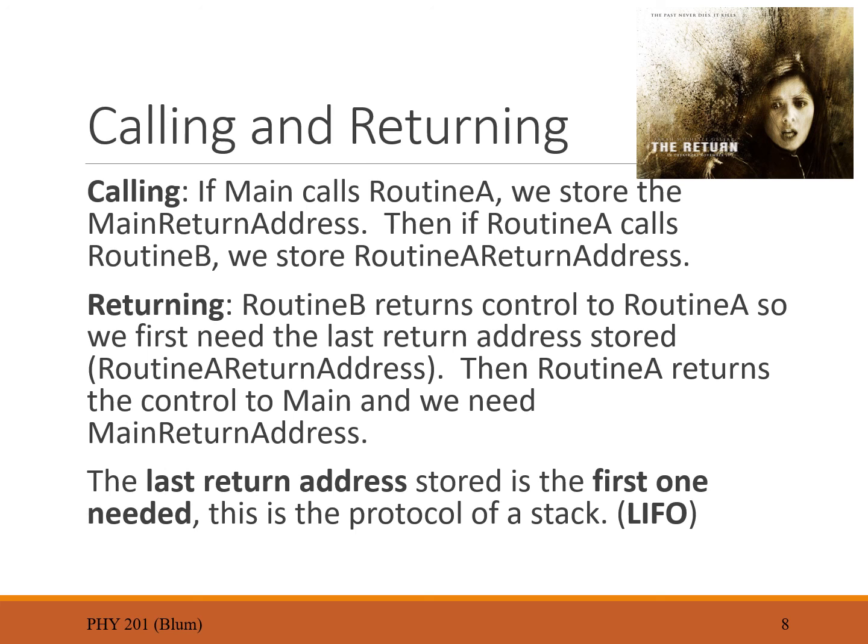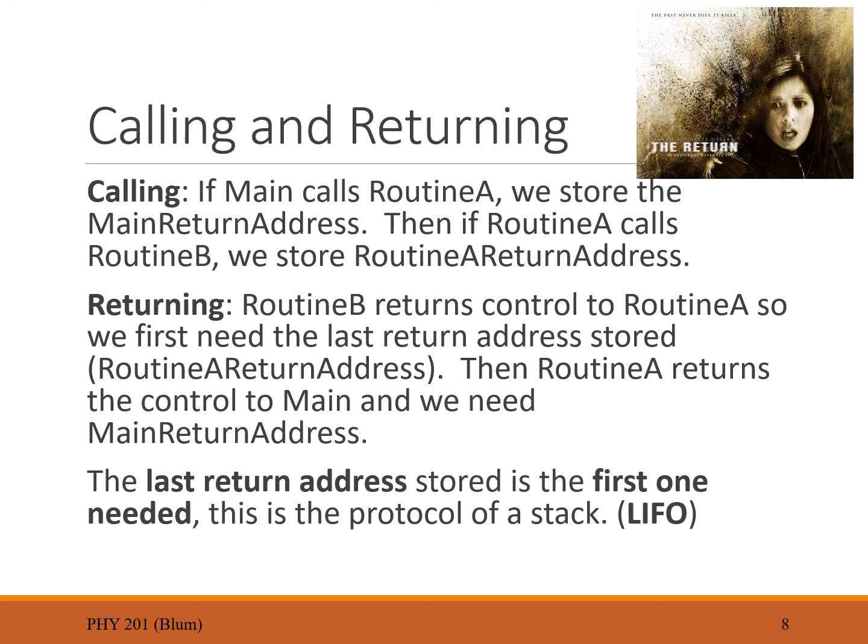And so if we look at what's going on with these return addresses, we see that the first address that we need is the last address that we stored. When we're in routine B, we need to return to A, and that was the last address stored.